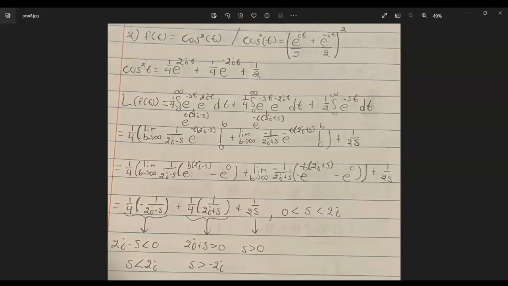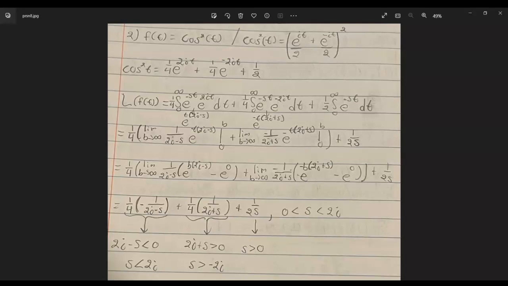And I solved the transformation of 1/2 right away because it's just a constant. The transformation of f of t equals 1 is just 1 over s, so I just multiplied that by 1/2. And then I took the limit of e to the b times (2i minus s) minus e to the 0, and the same thing for the next one.